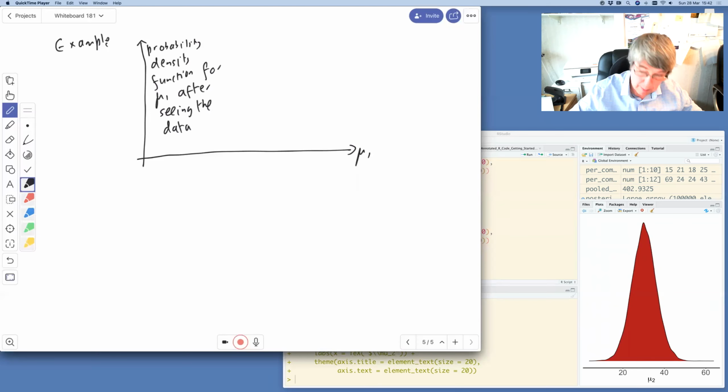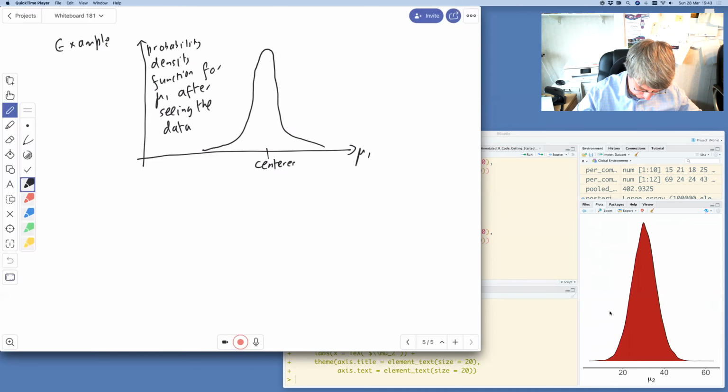Sometimes this is referred to as a posterior. So what I've got there in my plot is what I believe about the parameter mu1 of the model after seeing the data. And that's centered around 36. And this probability density function, this posterior belief about mu1 after seeing the data, is computed for us by a state-of-the-art package called STAN, which we also study on this module.